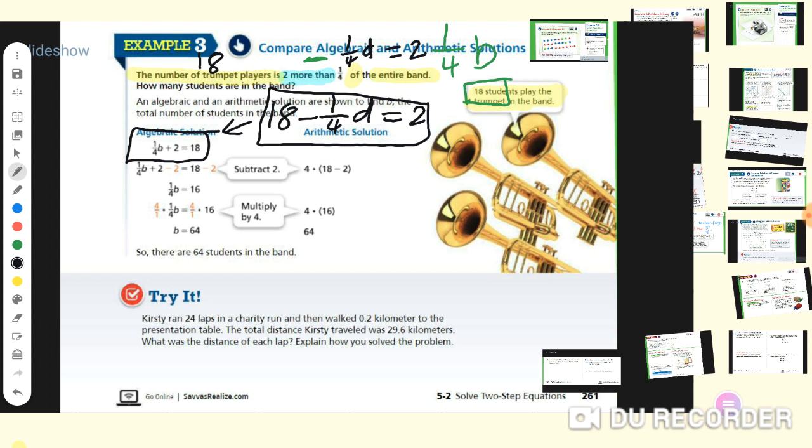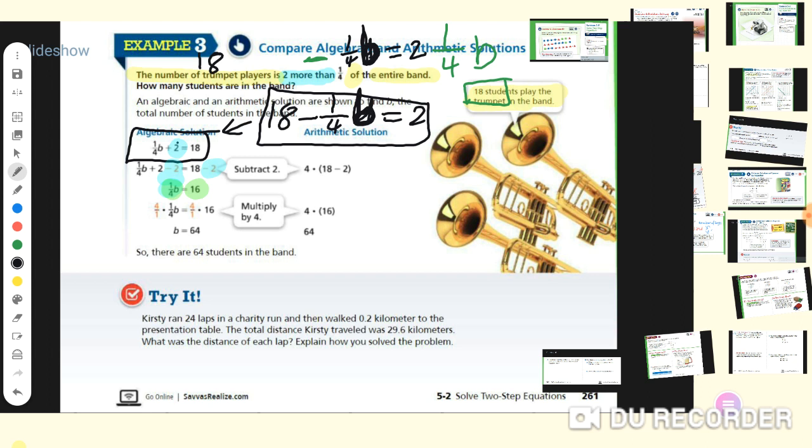So we need to subtract 2 to finish the 2 first. So subtract 2 from both sides, from here and here. It will remain 1 over 4 B. This is B, not D. Sorry. B, yes, and here is B too, because we called the entire band B from the beginning.